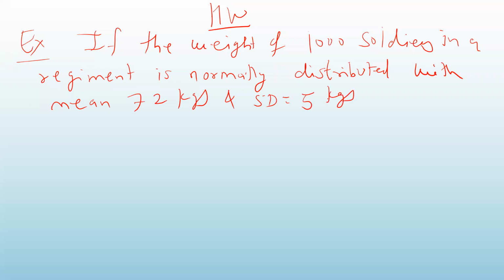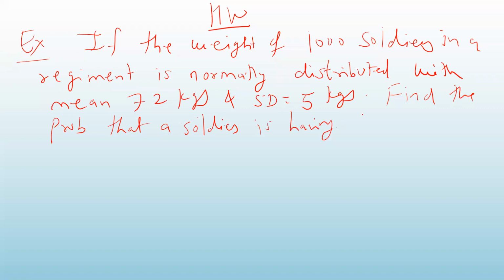So you are given the value of mean and standard deviation. Find the probability that a soldier is having weight between 72 and 77 kgs.